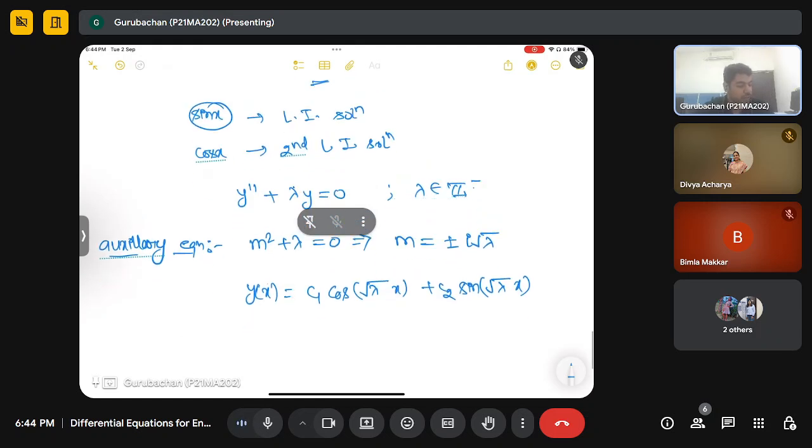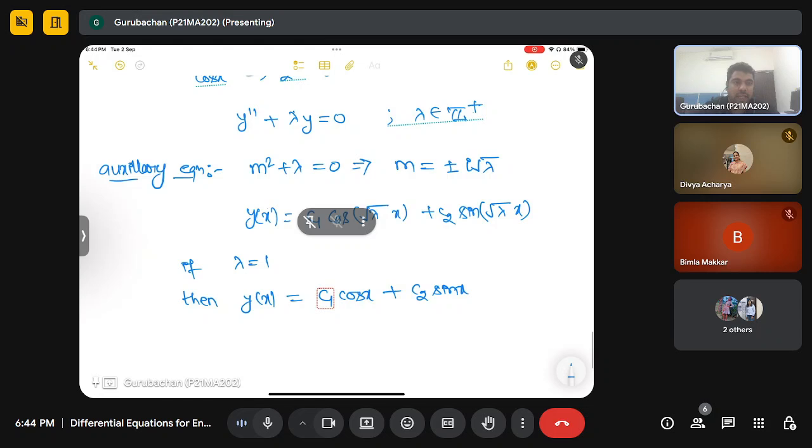So from here you can directly guess: if lambda equal to 1, there is a typo, then your solution will be yx equal to c1 cos x plus c2 sin x. So these two, sin x and cos x, will be the linearly independent solutions, and any constant multiple of them is also a solution.